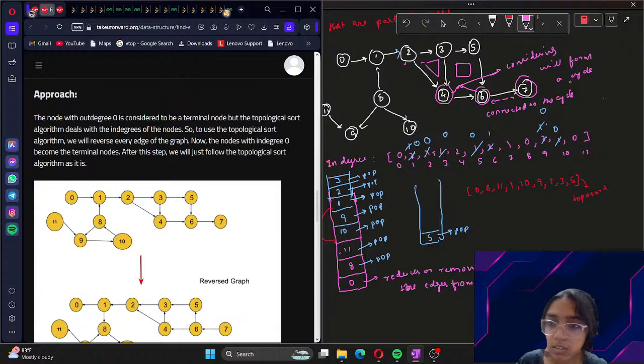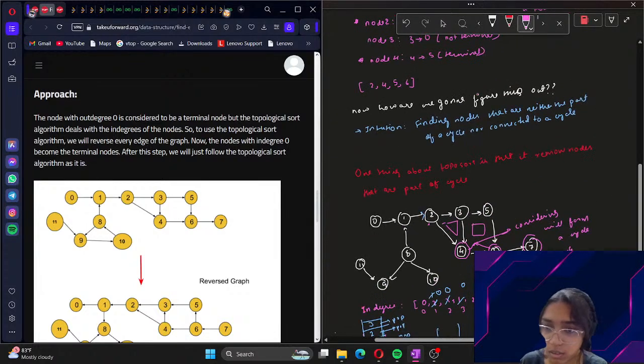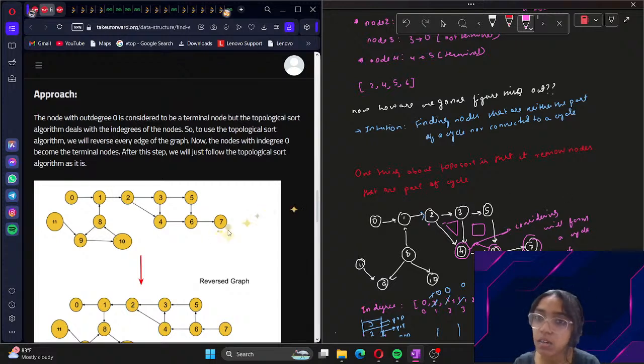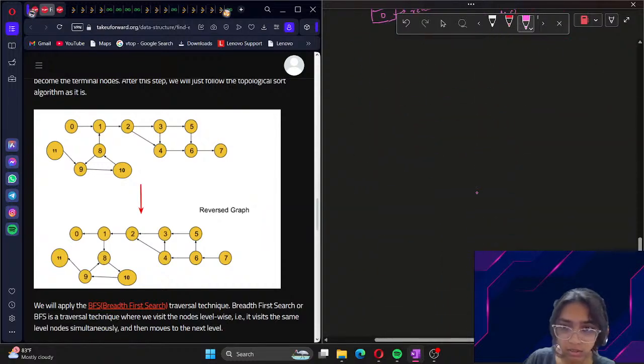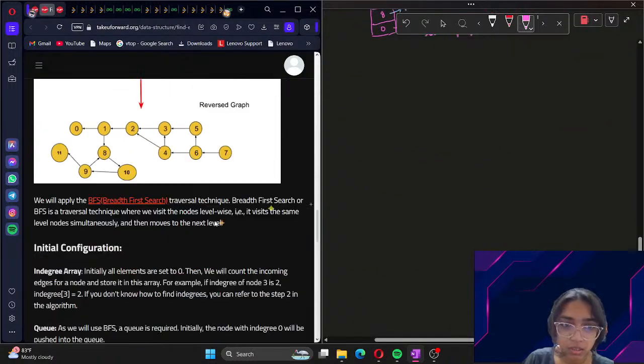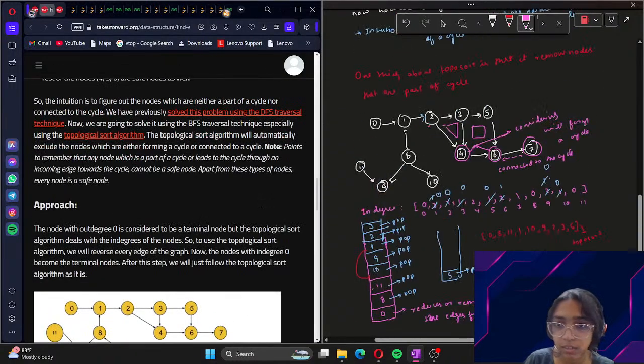So yeah, that pretty much proves the point that the toposort is gonna remove nodes that are part of the cycle, that will form the cycle. It will prevent considering any node that might form a loop. I think that's pretty much clear on how we solved it.